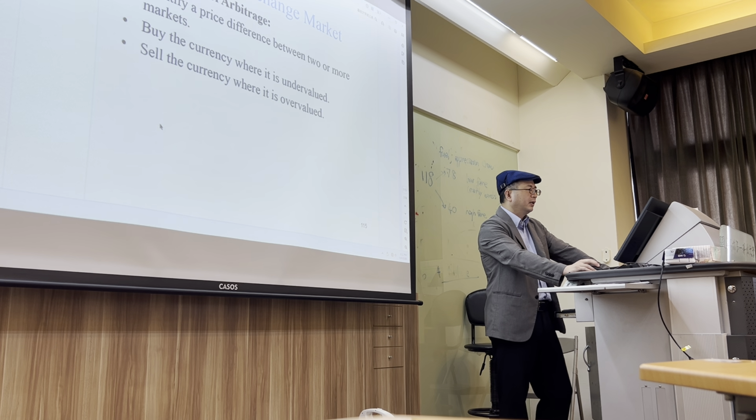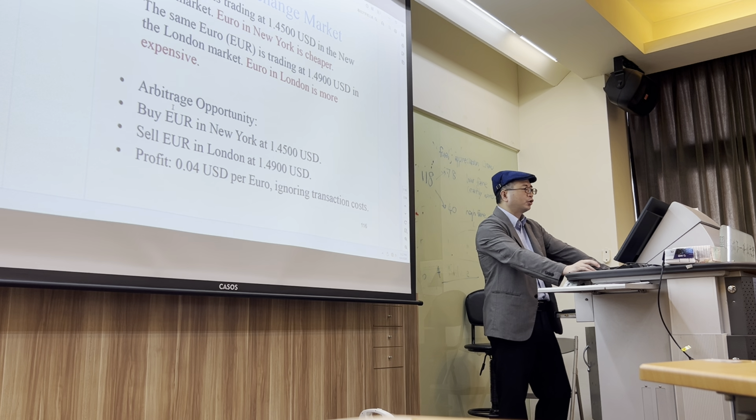The basic mechanics of arbitrage are as follows. First, you identify the price differences between two or more markets. Then you purchase the currency where it is undervalued and sell it where it is overvalued.